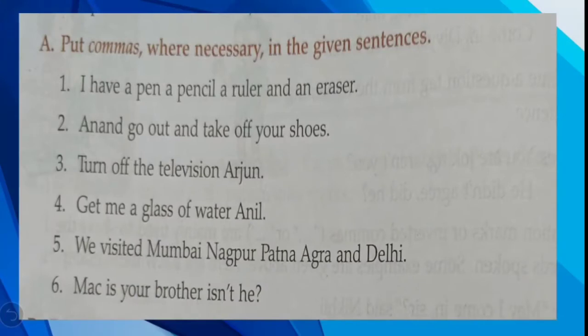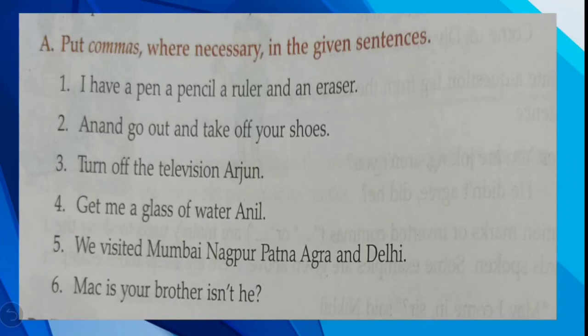Now look at this: put commas where necessary in the given sentences. Here we have to just put a comma. Where do we have to put a comma? When there is a list or series of things given. When there is a question tag, we have to put a comma between the sentence and the question tag.